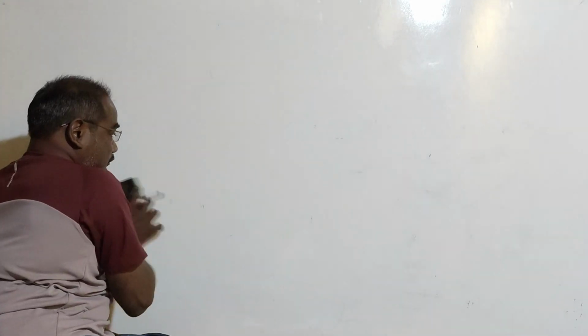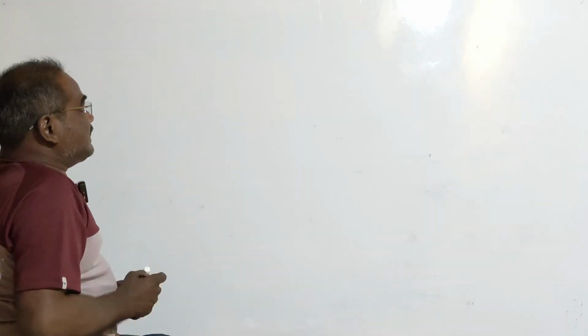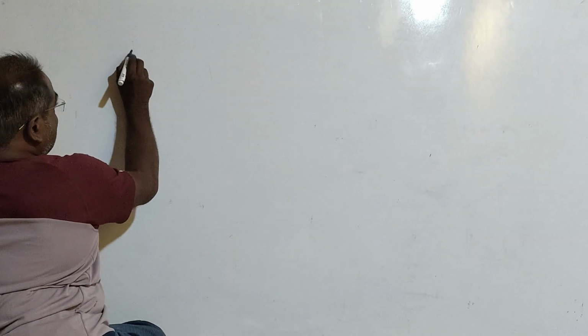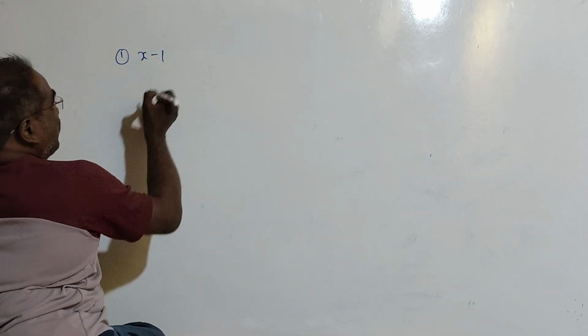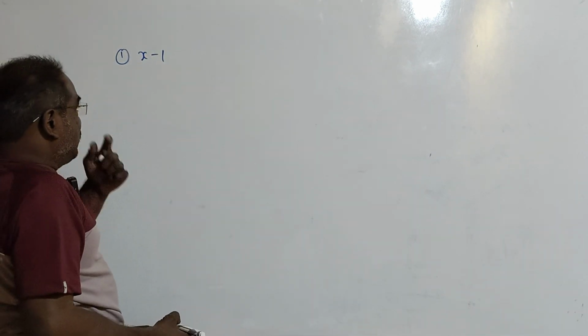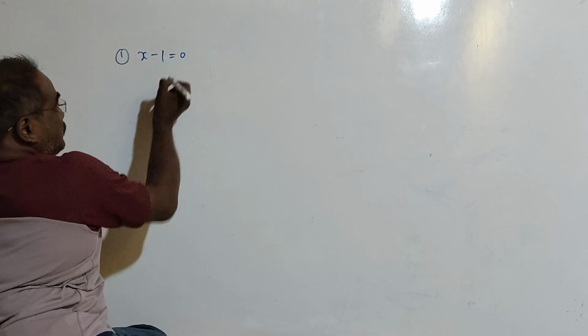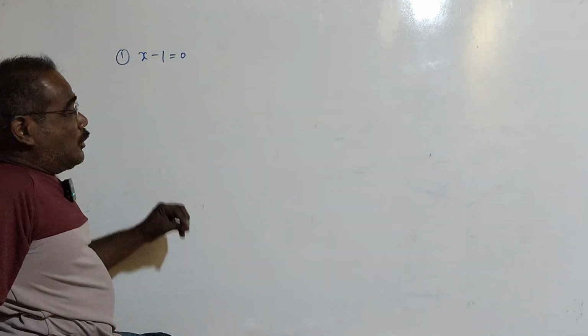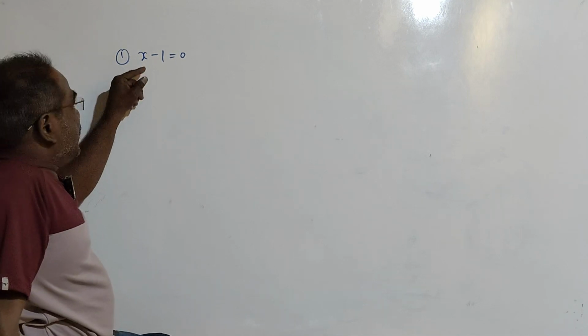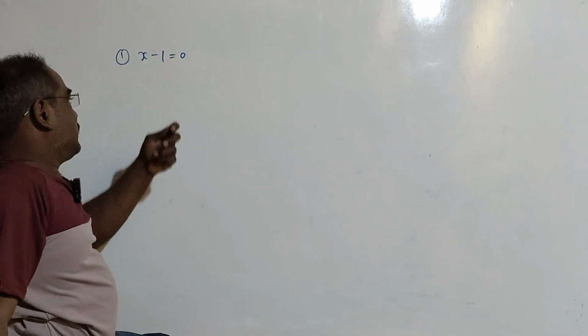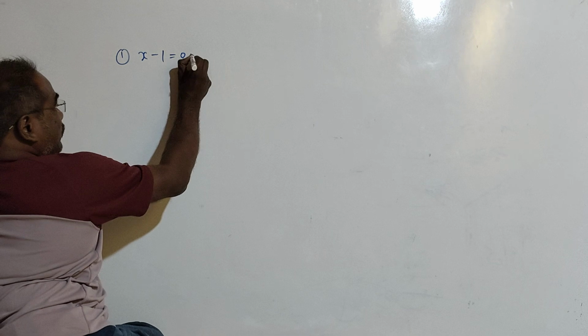Example number 1. We need to understand the proper definition. See, x minus 1 is a polynomial. x minus 1 equal to 0. What is the value of x that I substitute so that it becomes 0? Let me take this as p of x.